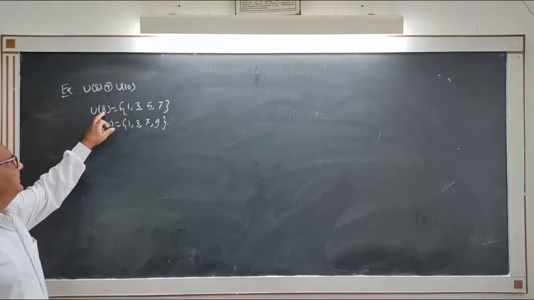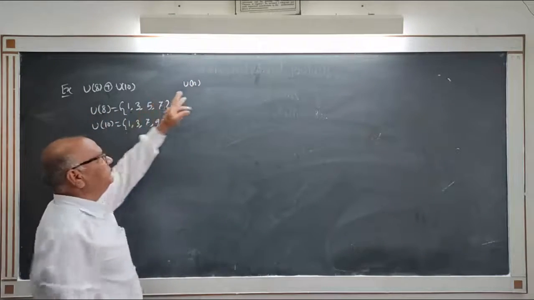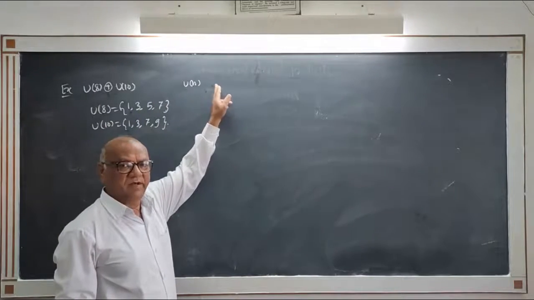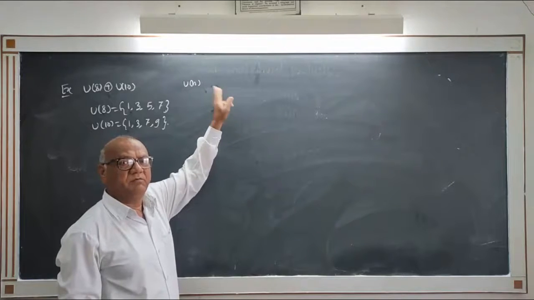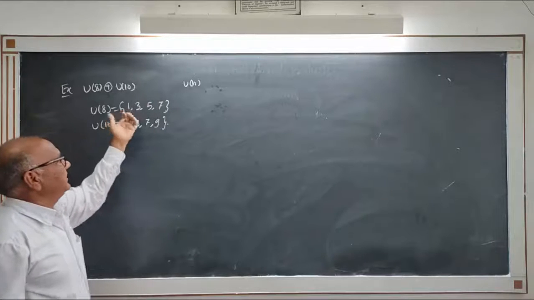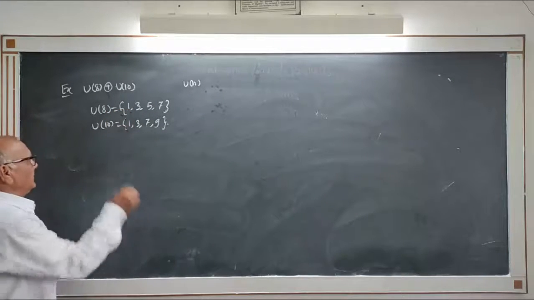U(n) means the set of integers less than n and relatively prime to n. It is a group under multiplication modulo n. So it is a group under multiplication modulo 8, and a group under multiplication modulo 10.